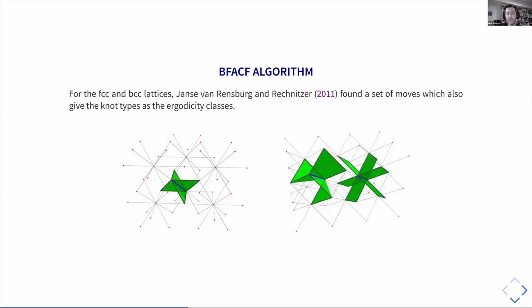So you've got a sequence of BFACF moves which can perform any Reidemeister move, and that enables you to get from anything to anything. For the FCC lattice and the BFACF lattice, from memory, what they do is they take these lattices and inflate them a bit. They move the vertices away, push that onto the cubic lattice, and then use the existing proof for the cubic lattice.